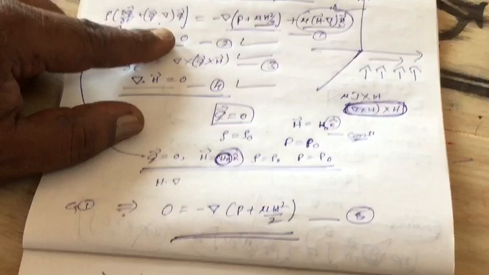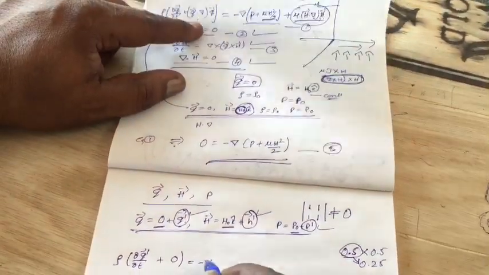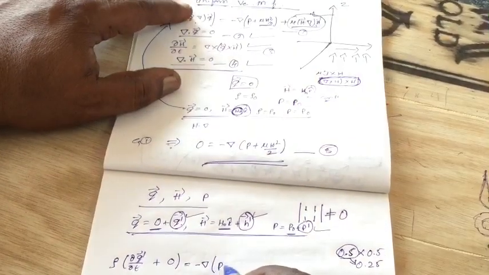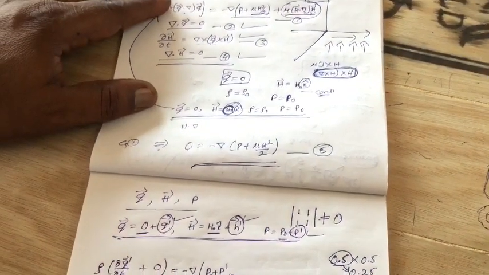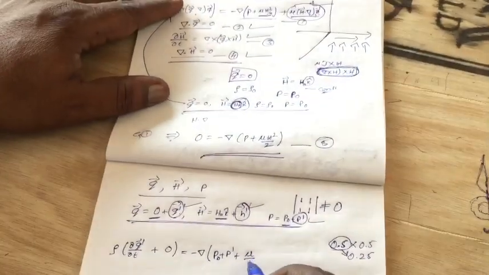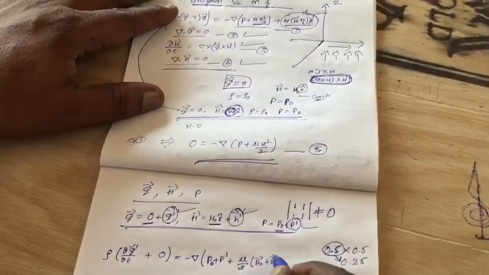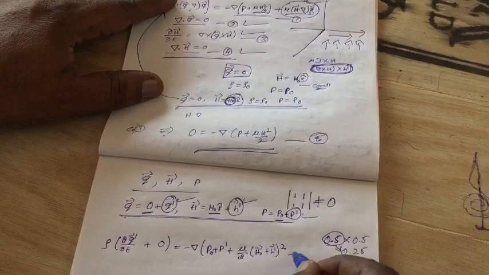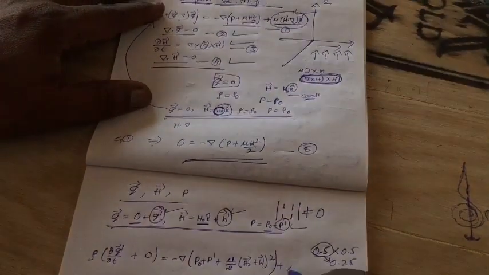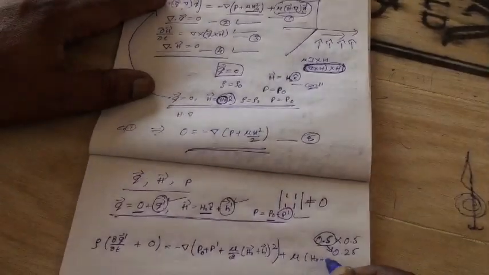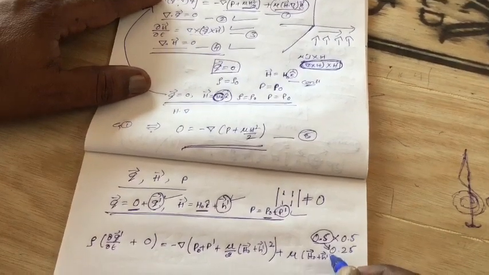So we are going to neglect that term, is equal to minus gradient of P, where P means P naught plus P dash, plus mu by 2 into H square, that is H naught plus H dash squared. Is it right? Now close the gradient, plus mu into H naught plus H dash dot.